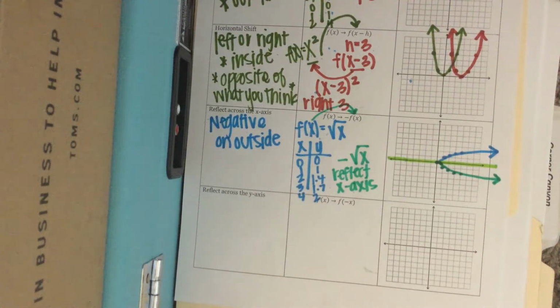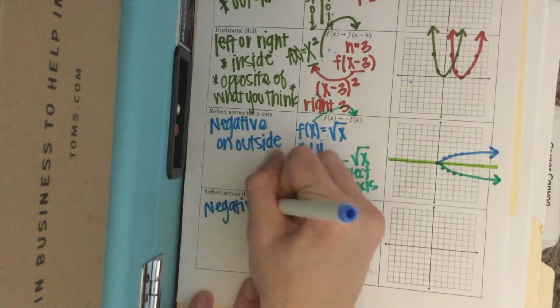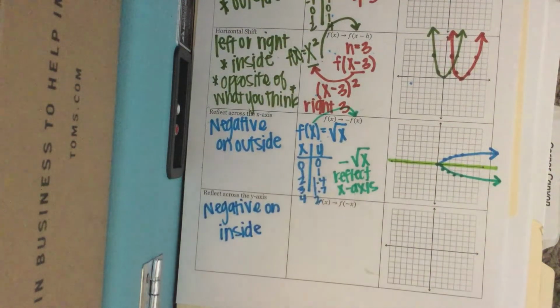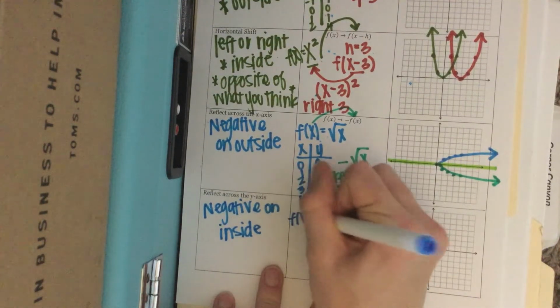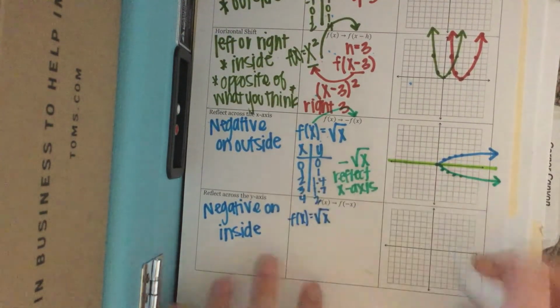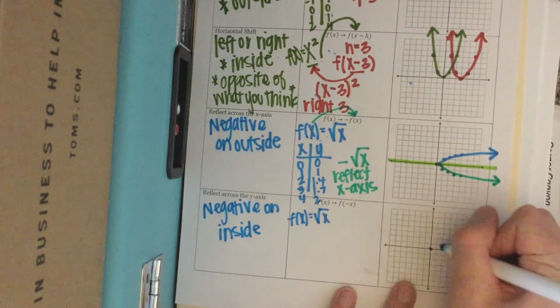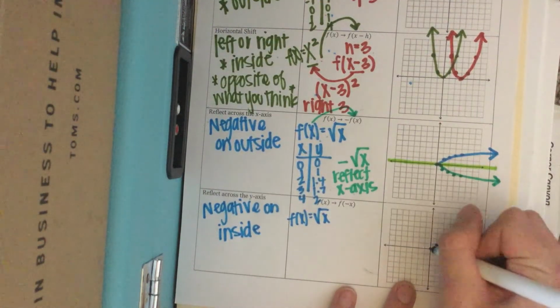Now reflect across the y-axis. This is when the negative is on the inside. Sorry, this is kind of long. It's not a required video though, and you can skip through this if you already know this part. So again, we're going to let f of x equal the square root of x. Okay, so that's going to be 0, 0, 1, 1, 2, 1.4, 3, 1.7, 4, 2.